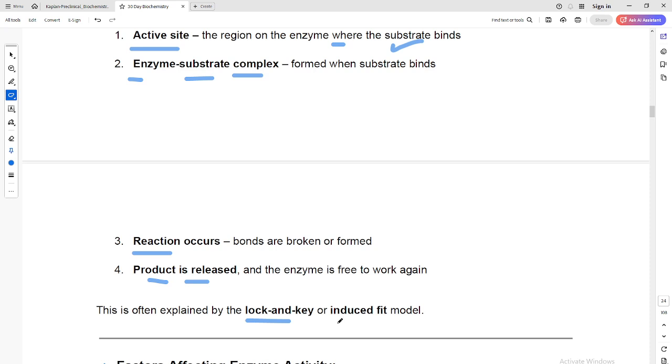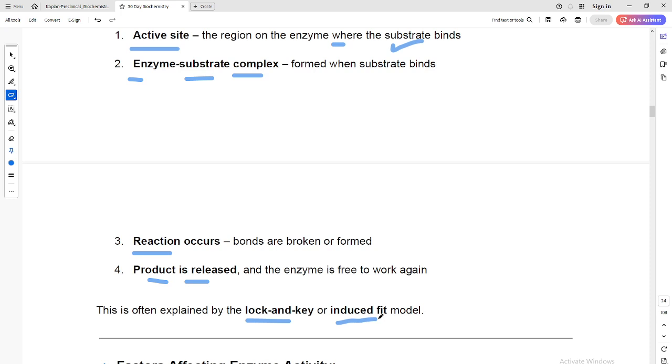But there is a new observation that there is a movement occurring in the enzyme. There is a dynamic, not a fixed state, like what we can imply from the lock and key theory.